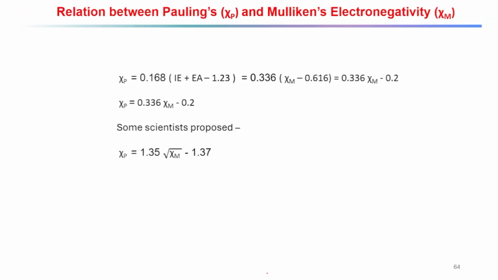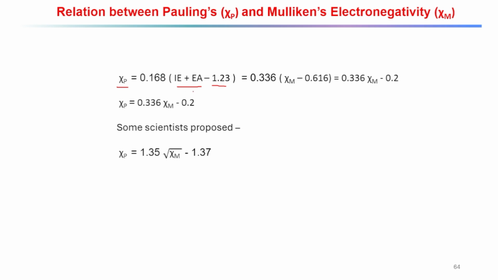Now let's see the relation between Pauling's electronegativity and Mulliken's electronegativity. The relation is given as chi p, meaning Pauling's electronegativity, is equal to 0.168 times the ionization energy plus electron affinity of the atom, minus 1.23. So if we subtract this 1.23 from the ionization energy plus electron affinity value, and then multiply it with 0.168, we get Pauling's electronegativity.